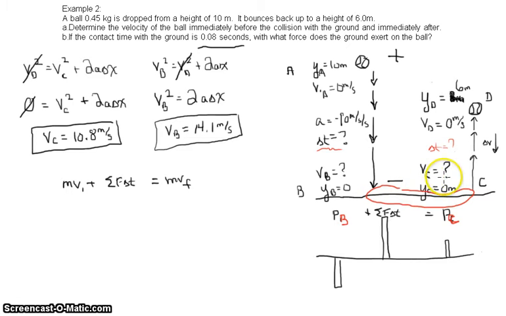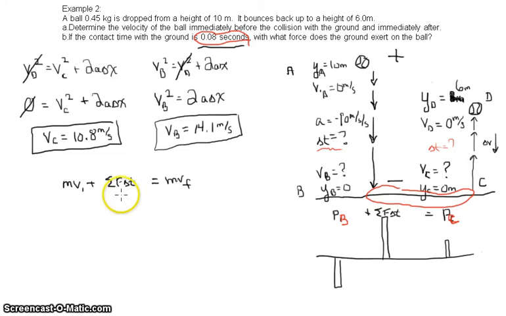It doesn't mean the time it takes to go up to the top, it doesn't mean the time it takes to go down, it's the time it takes to interact with the ground, which in this case is 0.08 seconds.